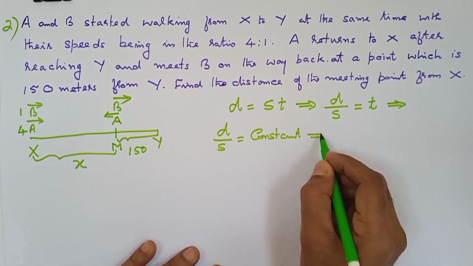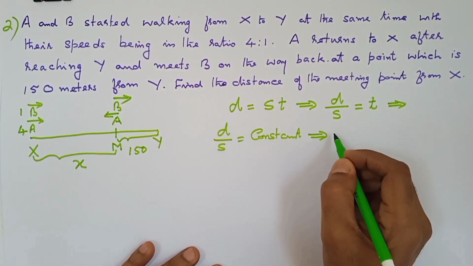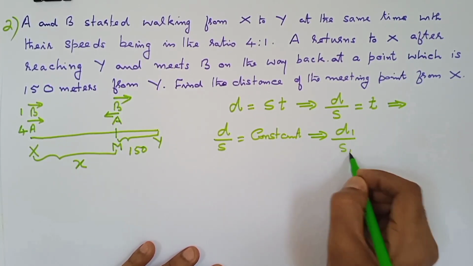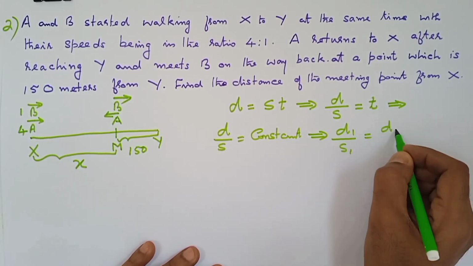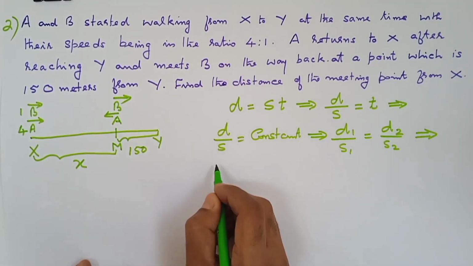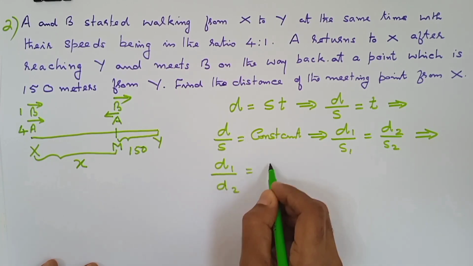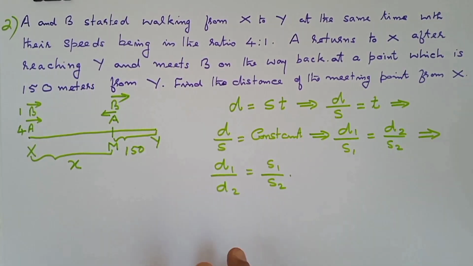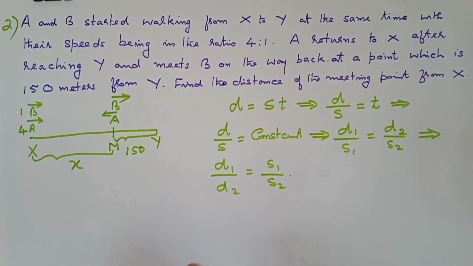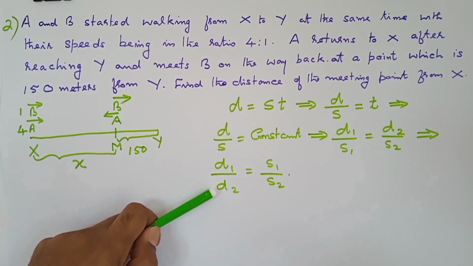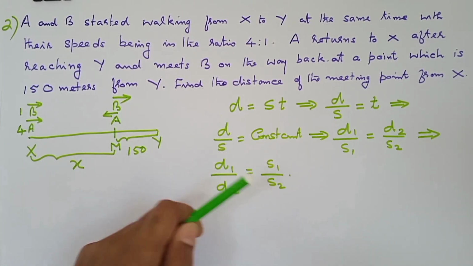So this implies D is directly proportional to S, or if you take two different sets of values, they will be equal. That is the meaning of direct proportionality. This implies D1 by D2 equals S1 by S2. So what do you observe here? When you have a problem in which time remains the same or constant, and there are two moving bodies, the ratio of the distances covered by these two moving bodies will be equal to the ratio of the speeds.